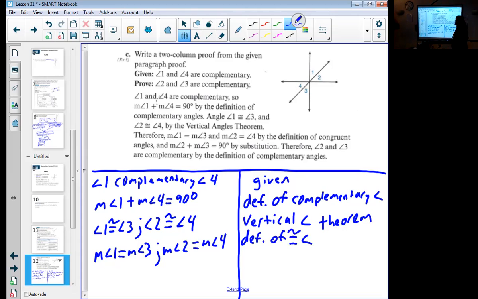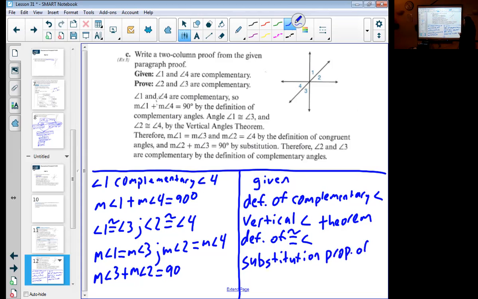Measure of angle 2 plus measure of angle 3 is equal to 90 degrees. Measure of angle 3 plus the measure of angle 2 is equal to 90 degrees by the substitution property of equality. Therefore, and this is our final step, we're trying to prove that the two angles are complementary.